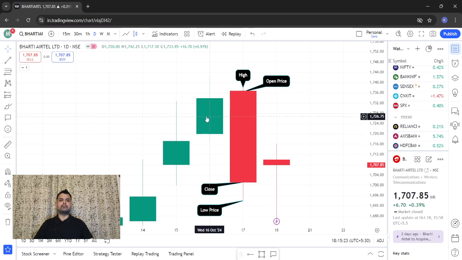And now we are seeing a green candle on the previous day. The values are over here on the topmost side: the open, high, low, and close. A green color candle formation indicates a bullish day for Bharti Airtel on this particular day.